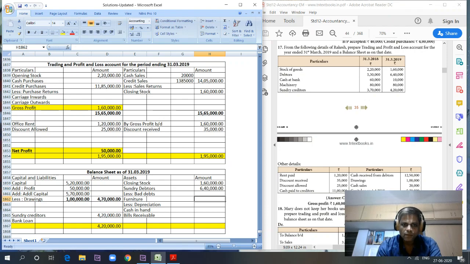We have machinery, which is 80,000. Then we have cash at bank, which is 10,000.